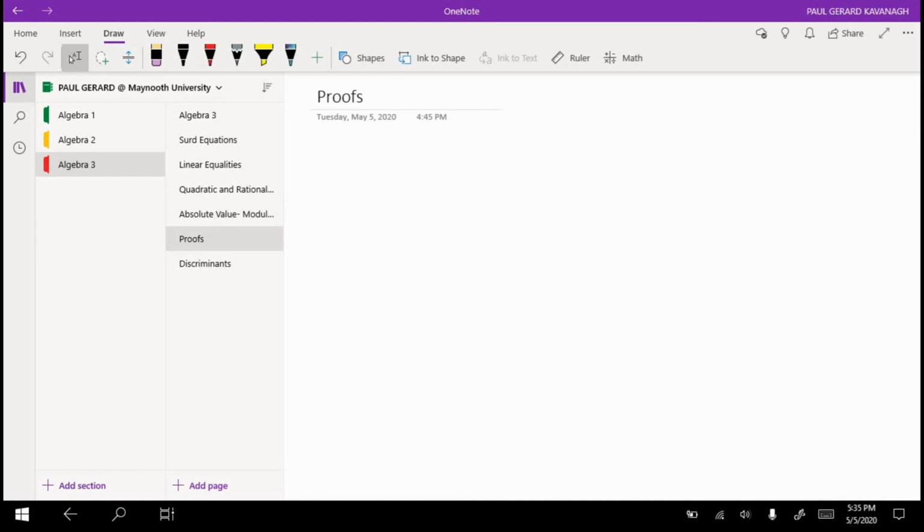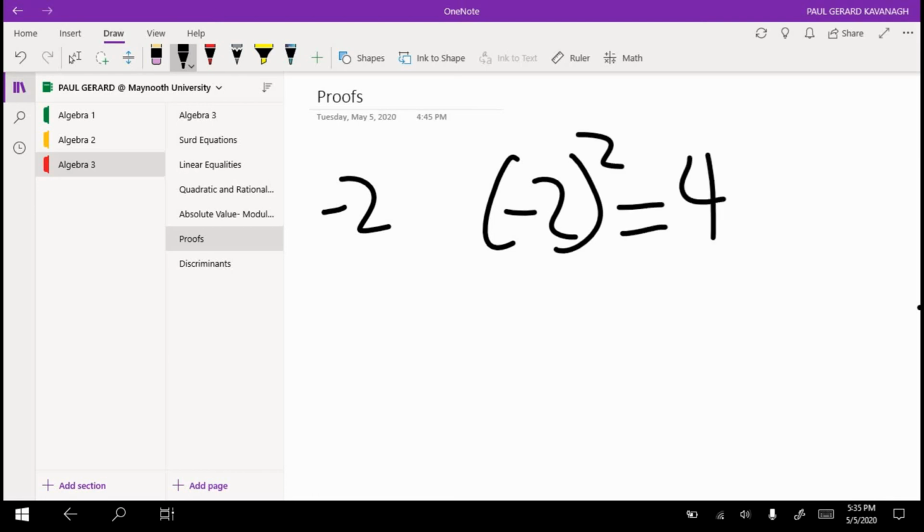So let's just take a negative real number. So minus 2. So what you're going to have is minus 2 squared is equal to 4, and that is greater than 0, or greater than or equal to 0. Okay, so this would be an example of something that is false.